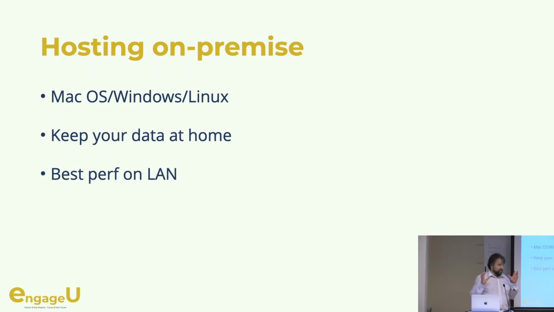And of course, you have very good performance on the LAN, and there are still situations where this really makes a difference. If you have a number of users, if you're in the middle of nowhere and you have no decent internet connection, there are real situations in which this is a key point. So cloud is not for every situation.